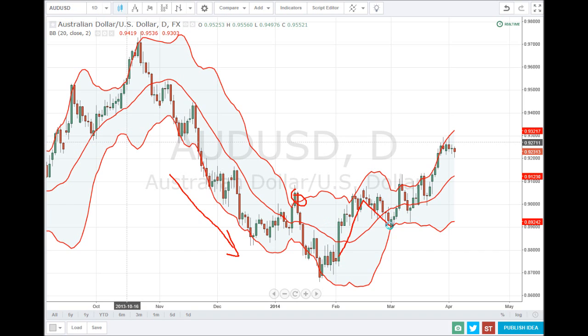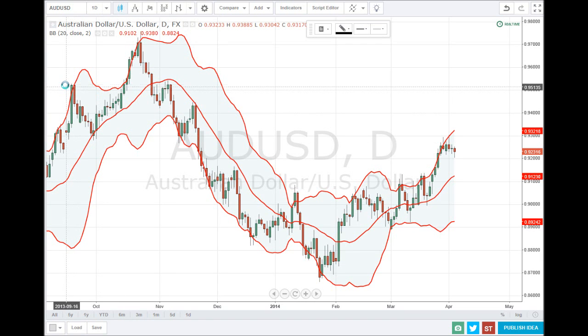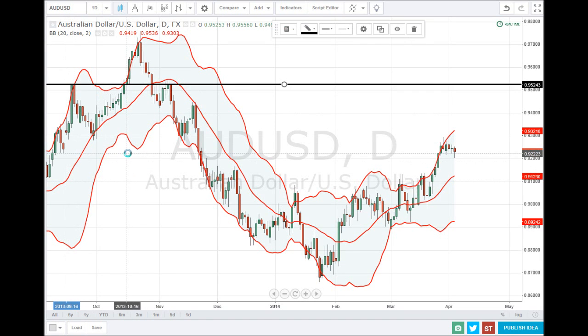we start an uptrend. So how can we use Bollinger Bands to join a trend? If we were to identify this downtrend, perhaps we could have marked this high here. Price then breaks this high, comes back down and is rejected against this high, and price falls on the downside.